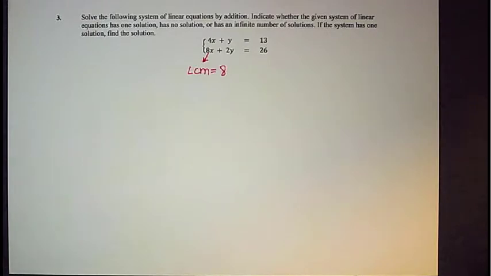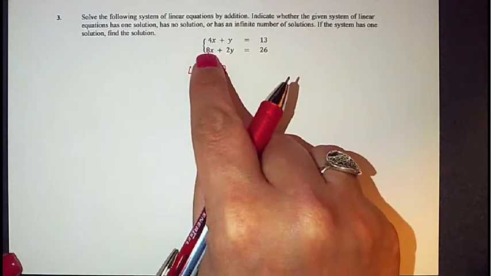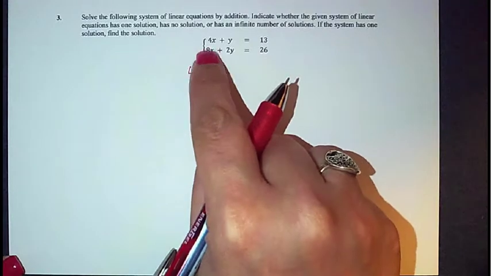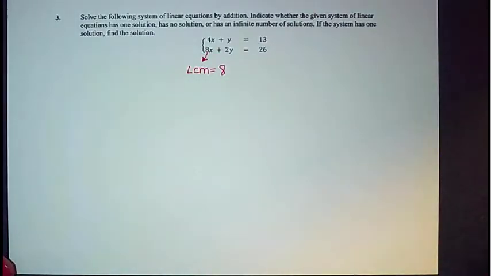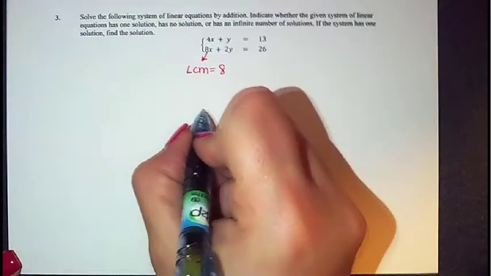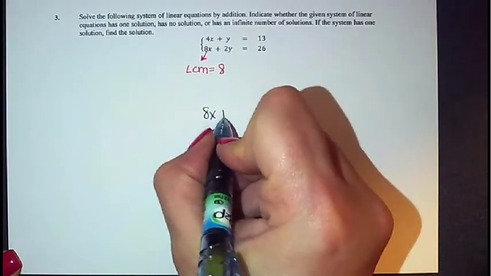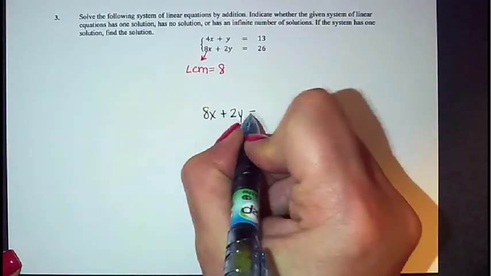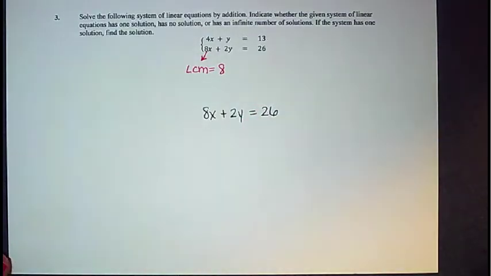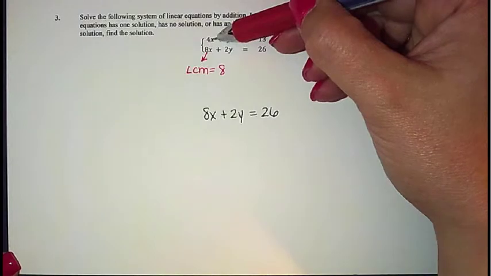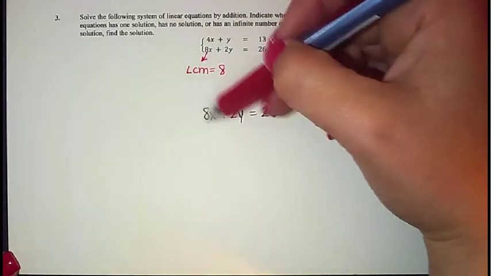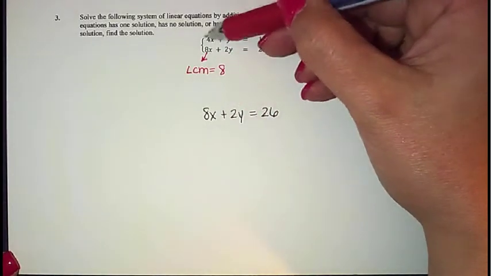Now, I also want you to notice this second equation. Look at its coefficient. It's already a positive 8, so I don't actually need to do anything to that second equation. I'm going to leave it 8x plus 2y equal to 26. However, the first equation has a positive 4x, and because the other is a positive 8, I need this one to be a negative 8.